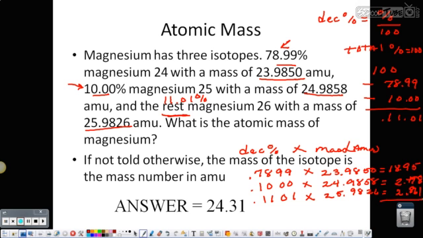Now add those numbers up and you're going to get this answer to 4 significant figures. Alright?